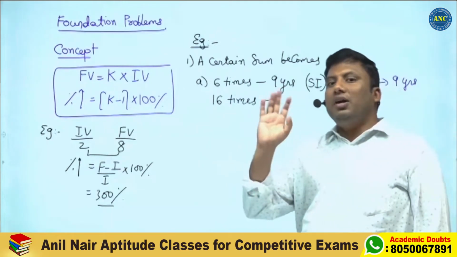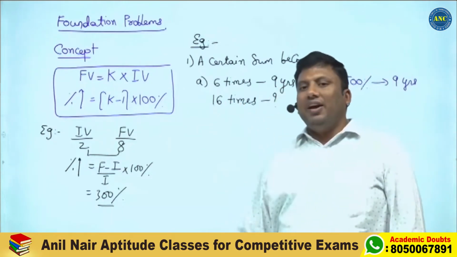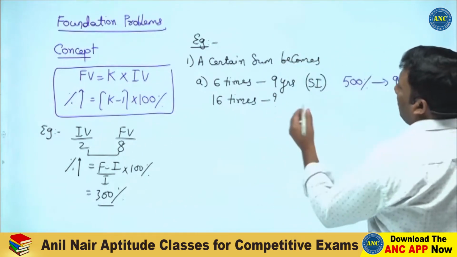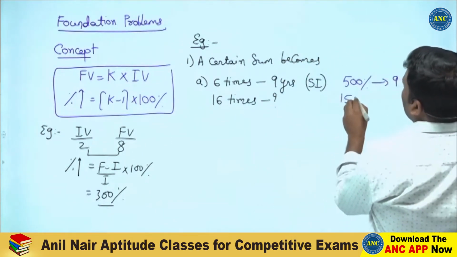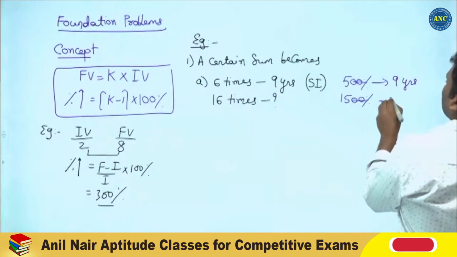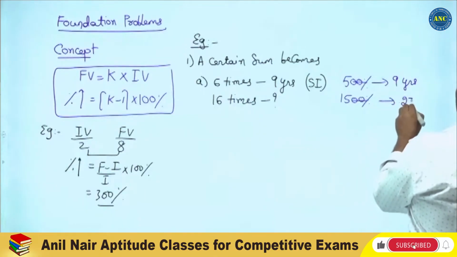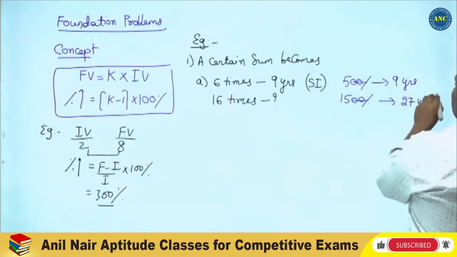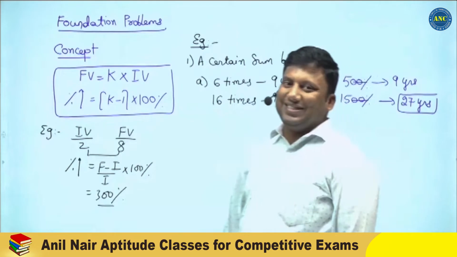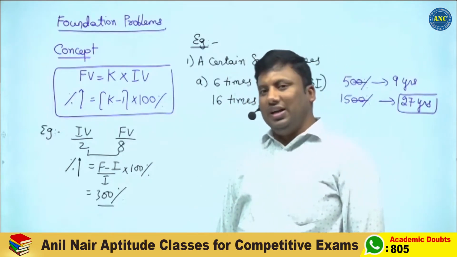But I don't want 500 percentage. Final value is becoming 16 times, which means percentage increase will be 1500 percentage. Zeros cancel. 5 3s are 15, 9 3s are 27. Answer for this question is 27 years.